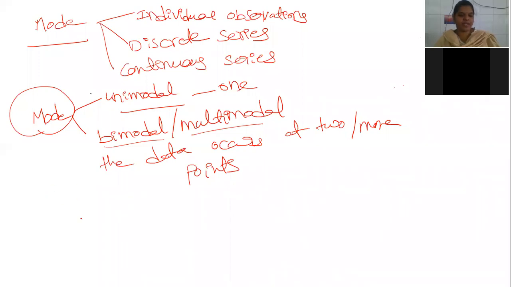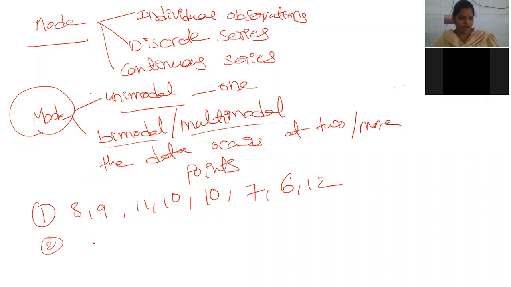Suppose you have data like 8, 9, 11, 10, 10, 7, 6, 12. This is the first case. In the second case, you have data like 10, 9, 12, 7, 11, 11.